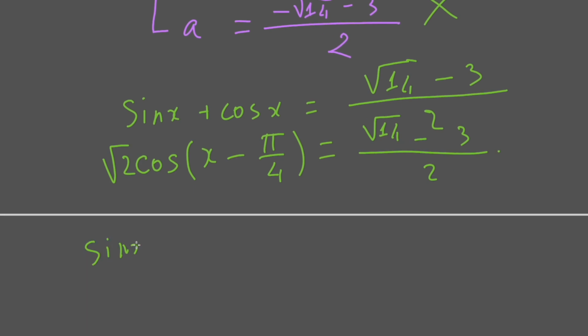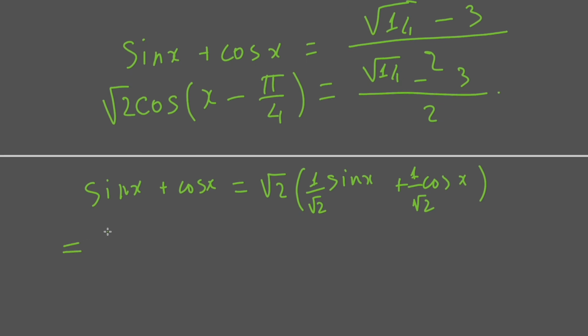Sine x plus cosine x equals square root of 2 multiplied by sine x times 1 over square root of 2 plus cosine x times 1 over square root of 2.